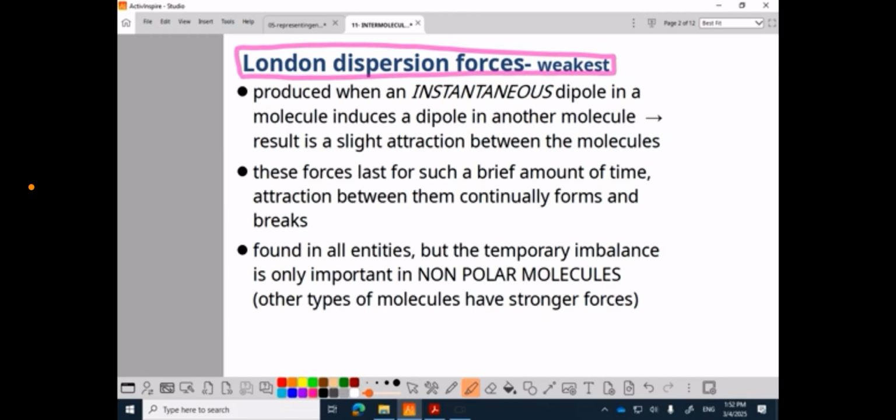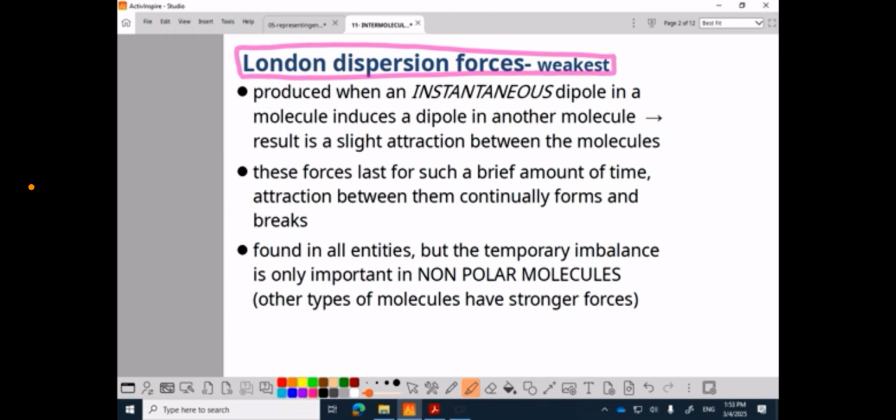And then so on and so forth. Because when you have a sample of molecules, there would be trillions of molecules, the attraction between them continuously forms and breaks, even though it only lasts for such a brief amount of time.